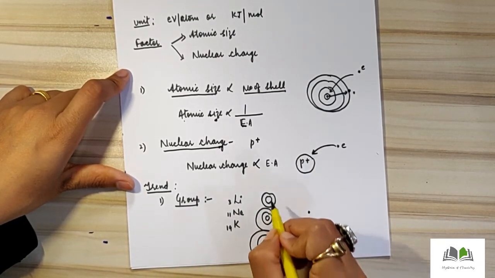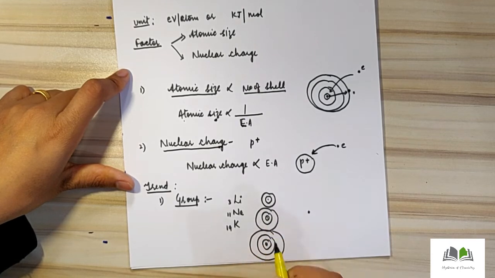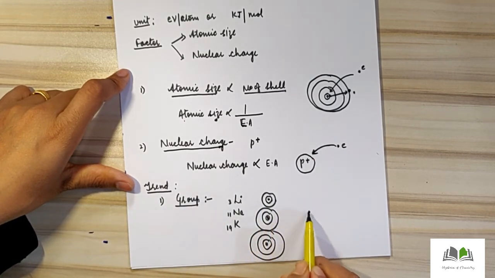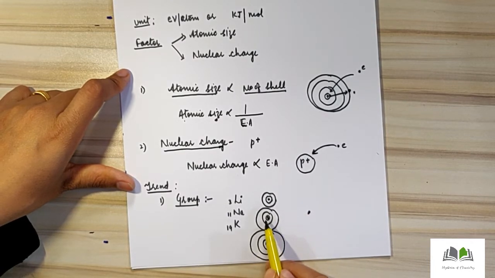Now in this case, for lithium, the electron has to cover these two shells to reach the center, the nucleus, and to experience the attractive forces of the nucleus. But in case of sodium, the electron has to face 3 shells to experience these forces.